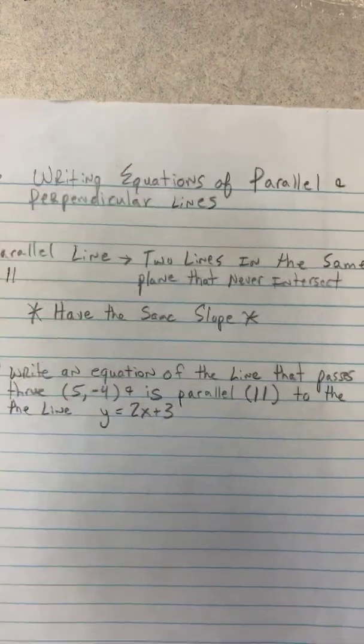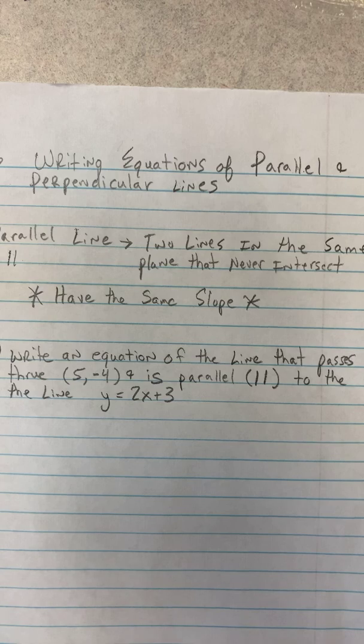So there's our problem. We are going back to writing in y equals mx plus b. And just like what we brushed up on earlier this week, we have y equals mx plus b. In order to write in y equals mx plus b, we need a slope and we need a y-intercept.